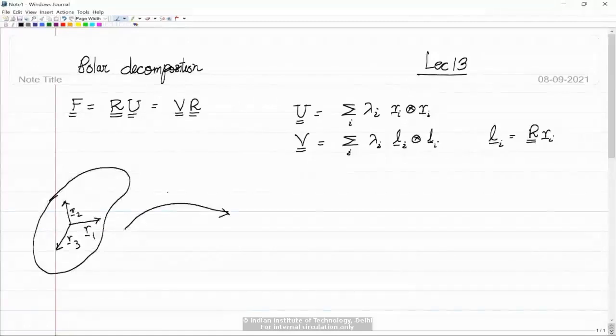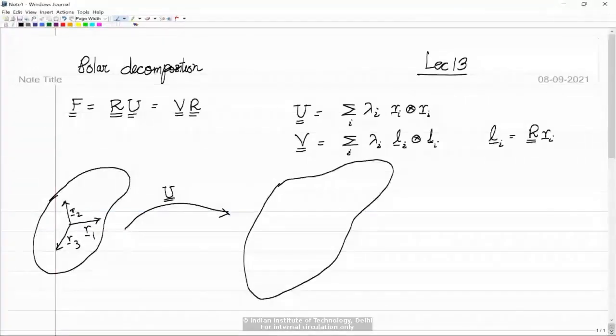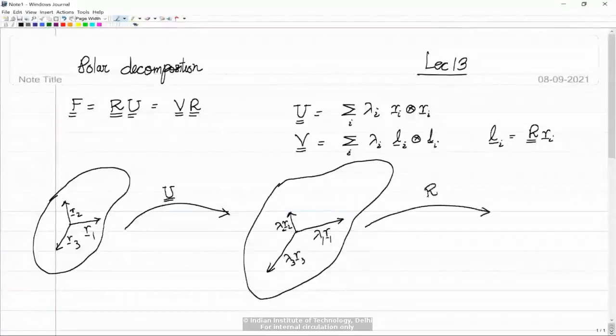So first you apply U, and what happens is that these three lines, being the eigenvectors, do not change their orientation, but they just get stretched. So this is by lambda 1 r1, this is by lambda 2 r2, and this one is by lambda 3 r3. And finally, it's the rotation tensor, the local rotation tensor, which rotates.